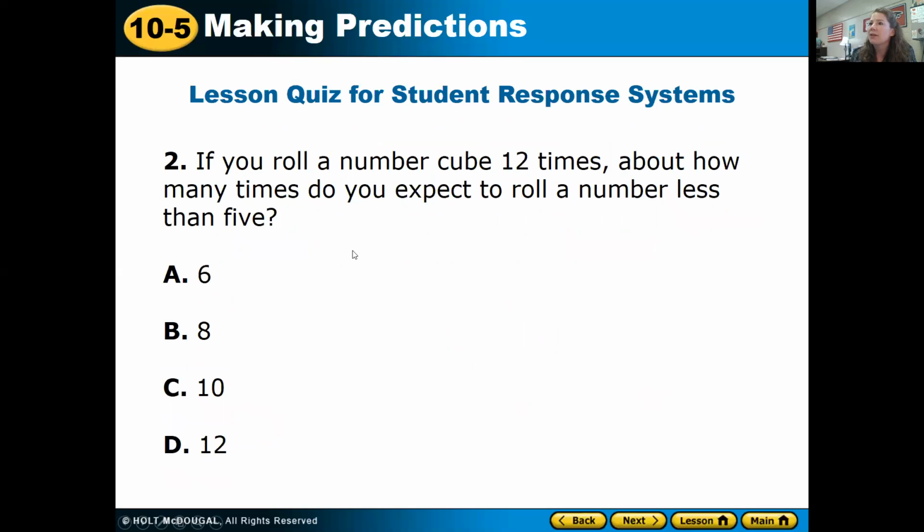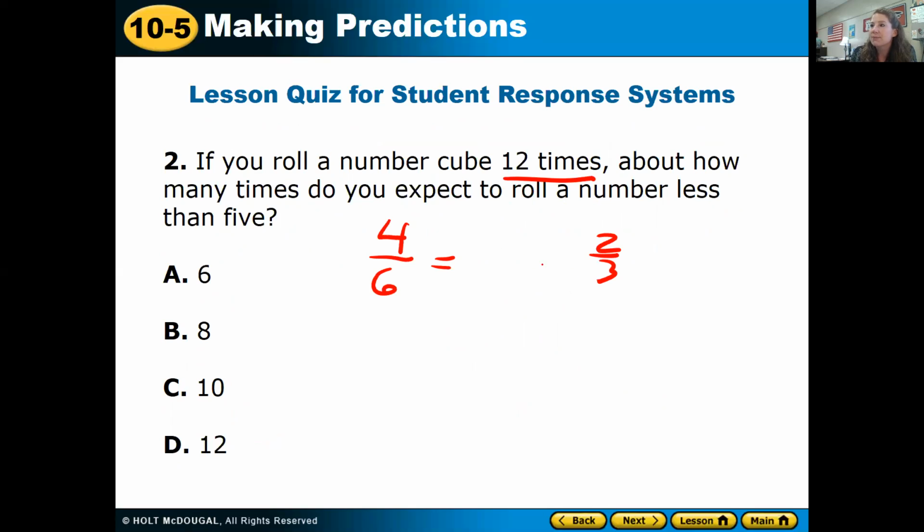All right, what about number 2? If you roll a number cube 12 times, about how many times do you expect to roll a number less than 5? Well, how many numbers on a number cube are less than 5? Well, 4 out of how many numbers? 4 out of 6. Well, that simplifies to 2 over 3, doesn't it?